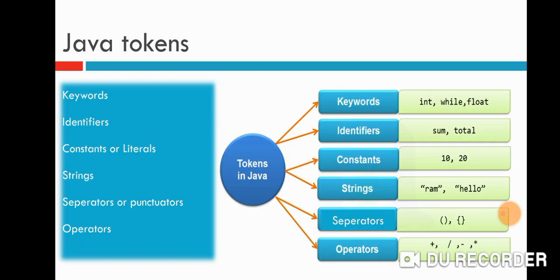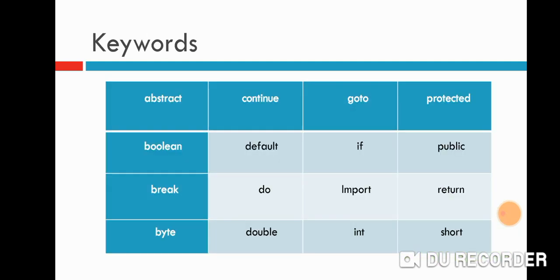Now let's see what are Java tokens. We have many tokens such as keywords, identifiers, constants, literals, strings, separators, punctuators and operators. We will look into detail what these operators and these tokens are. Now let's see what are keywords. Keywords, also known as reserved words, are the words that have a special meaning to a Java compiler.